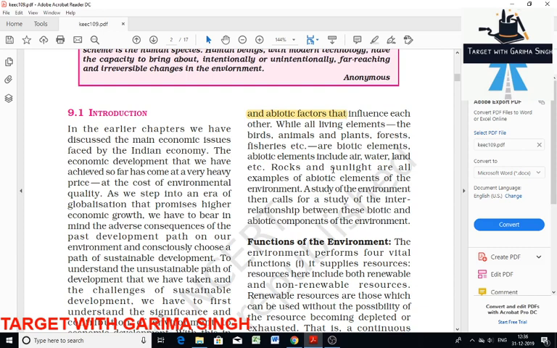They renew. Then non-renewable. These are those which get exhausted with extraction, that is fossil fuel. They are recovered after millions or billions of years. That is non-renewable. Renewable resources keep on renewing.